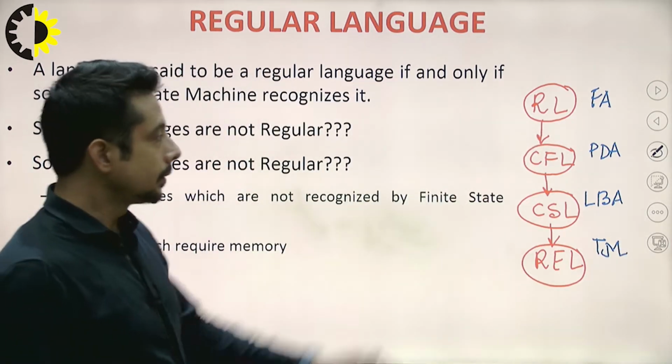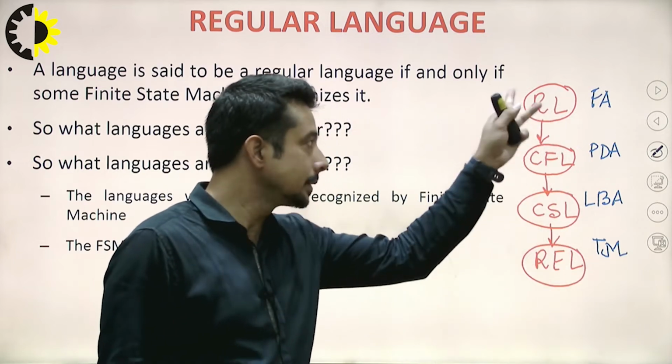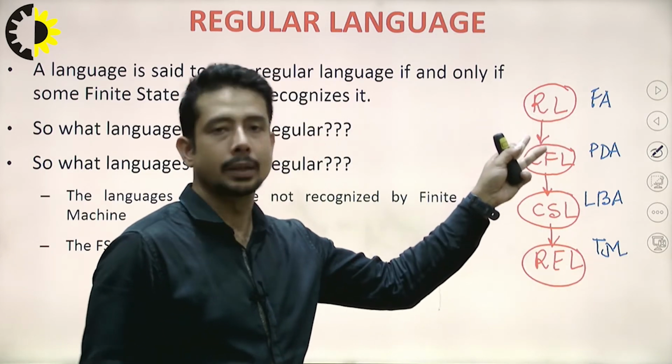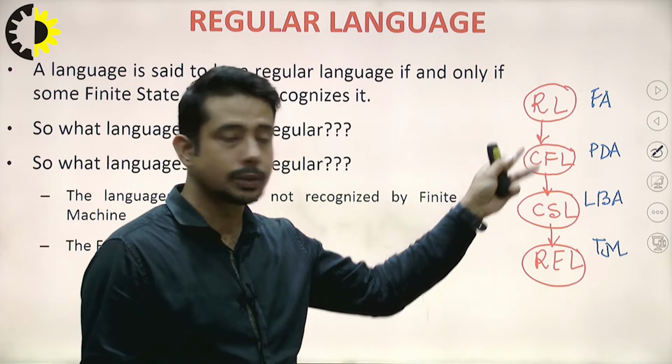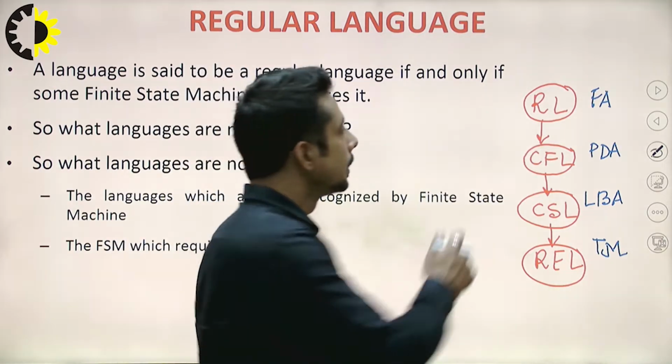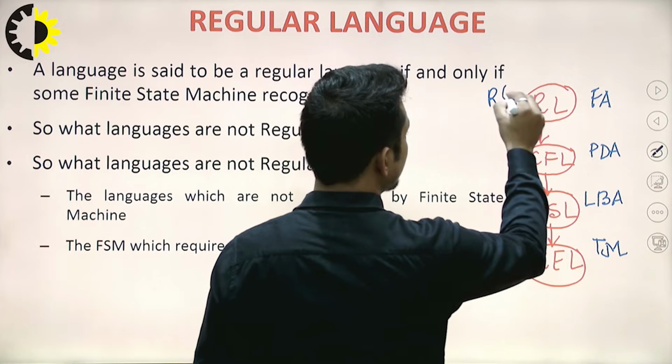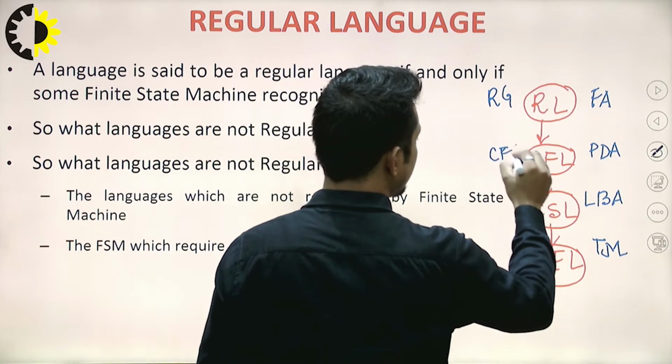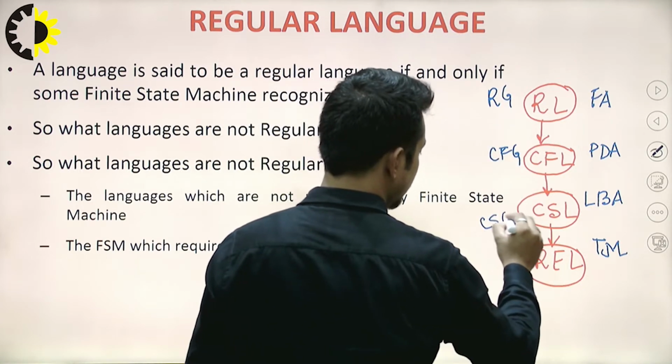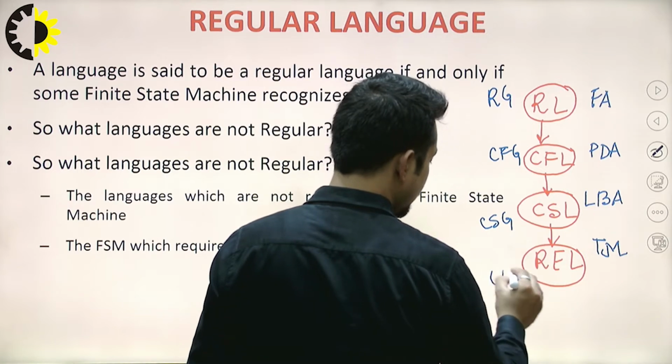Now these are the acceptors which accept these languages. Definitely, there will be generators which generate the strings of these languages, and those generators are regular grammar, context free grammar, context sensitive grammar, and then unrestricted grammar.